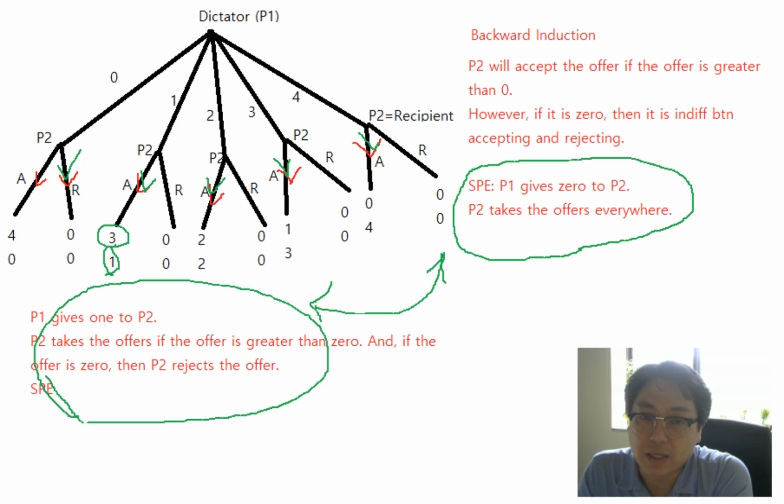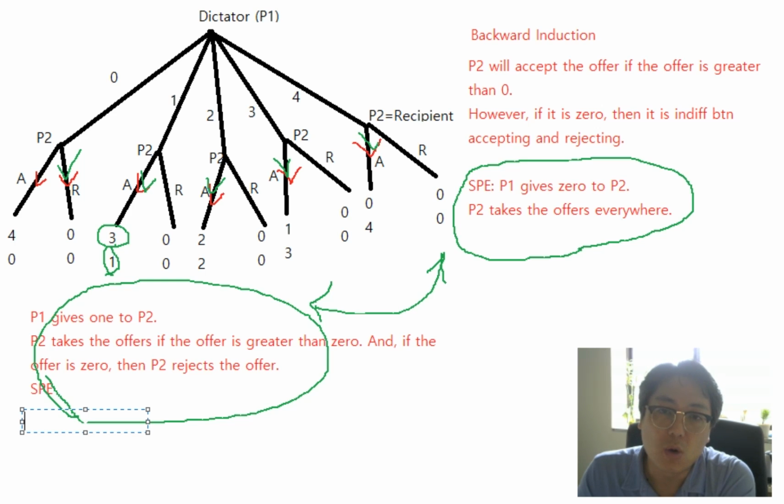So there are two SPEs. However, this is the result because player 1 can only choose an integer number from 0 to 4.